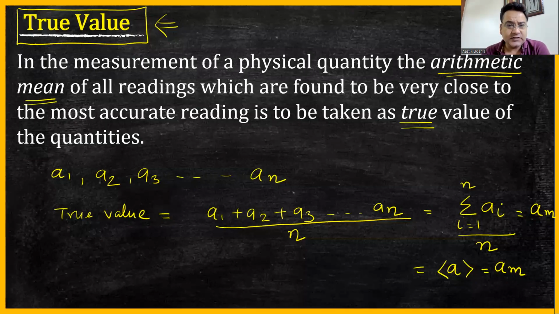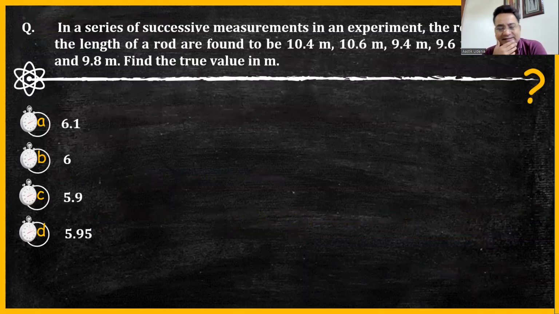Now we've understood what is the true value. This is a simple problem that we can do on this. In a series of successive experiments, you find the length of the rod, different values are given. Can you tell me what is the true value?